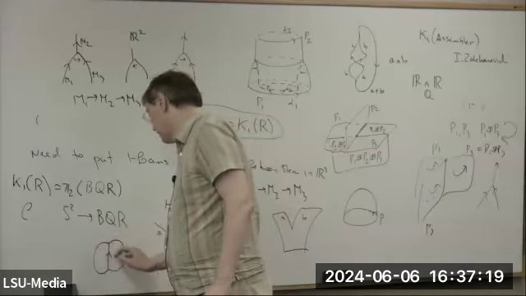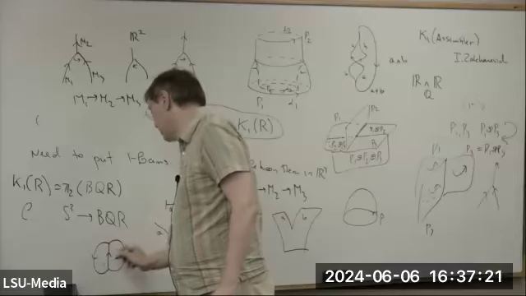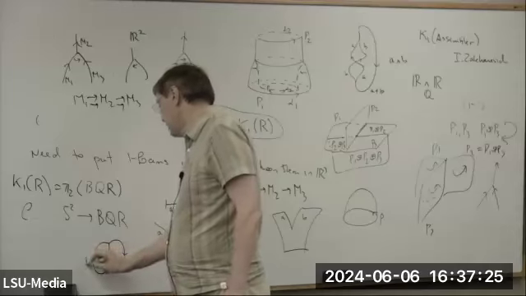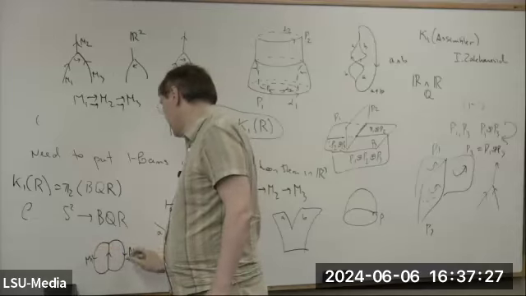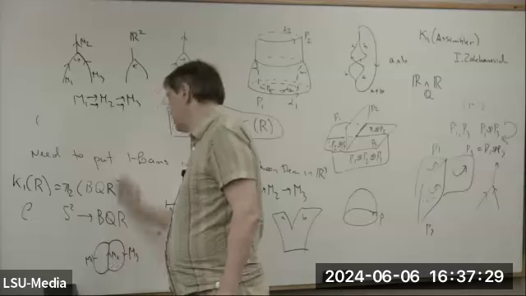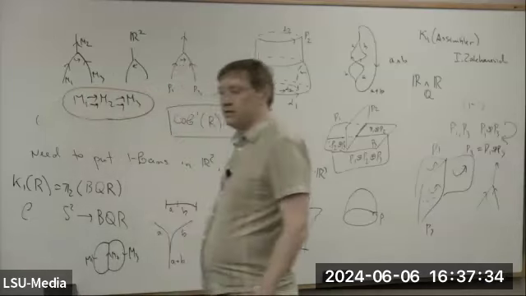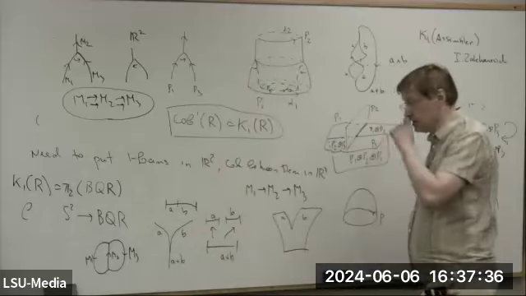So you have a pair of exact sequences, one and another. This is M1, M3, M2. At each vertex you have an exact sequence. If you look at Nenashev's work, he describes K1 using pairs of such exact sequences.